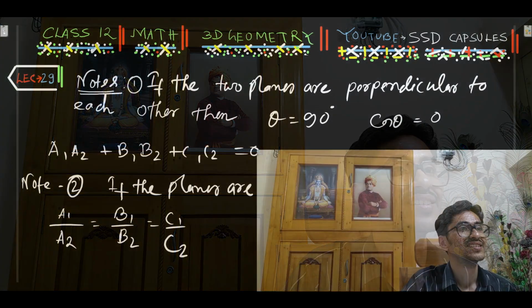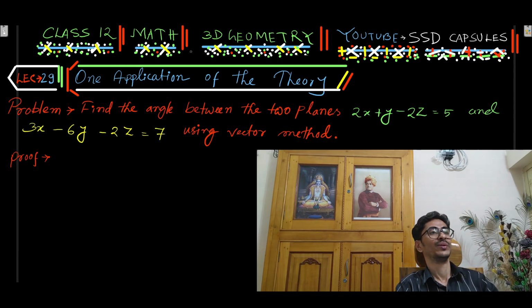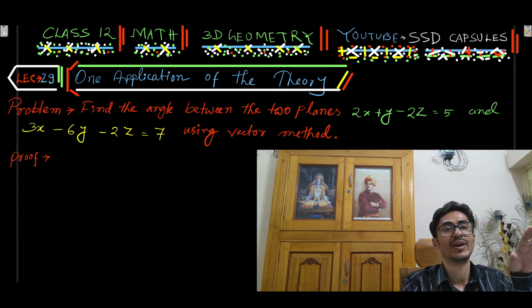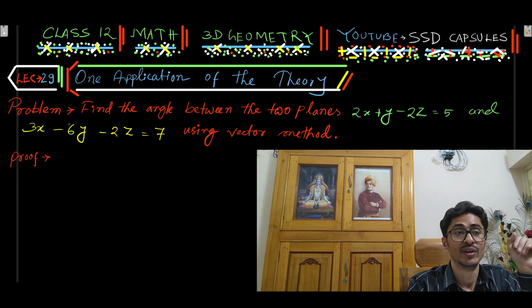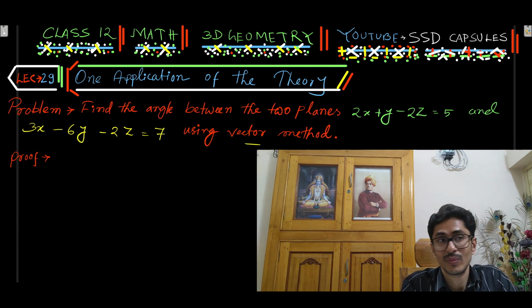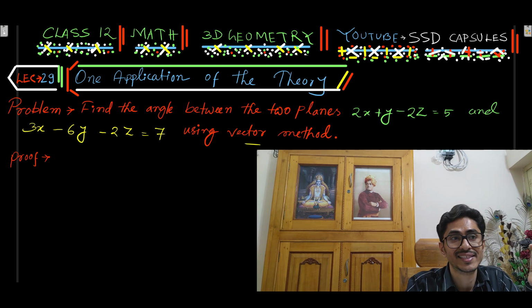So now we are going to see one beautiful application of this theory which we have learned now. Find the angle between the two planes 2x plus y minus 2z and the other, using vector method. Here the equations of the planes are given in Cartesian form, but in the question they are asking to use the vector method.